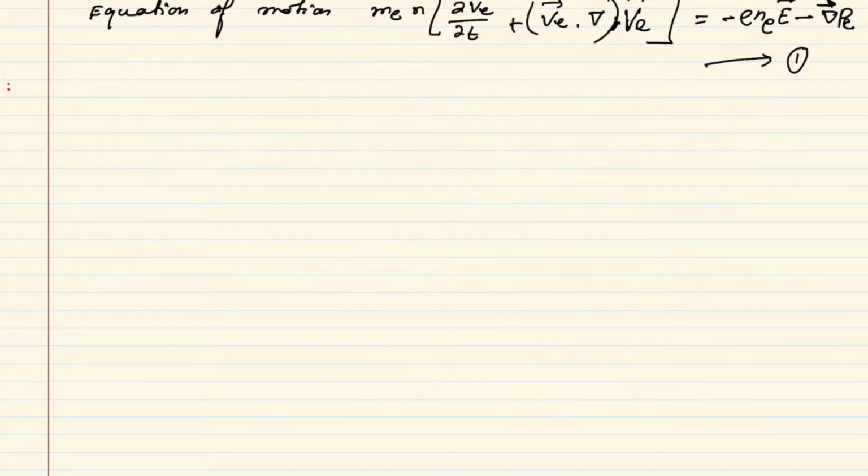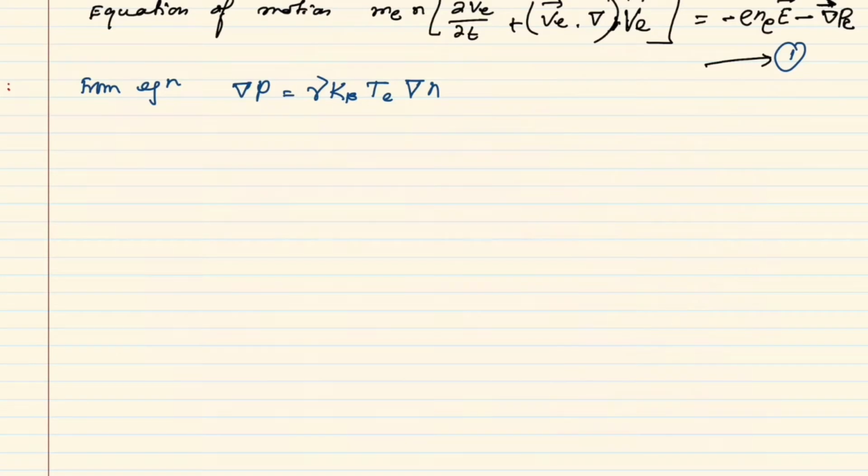Now, from the equation of state in thermodynamics, as I have already shown you in lecture 10, we have grad P equal to gamma K B T e grad n.